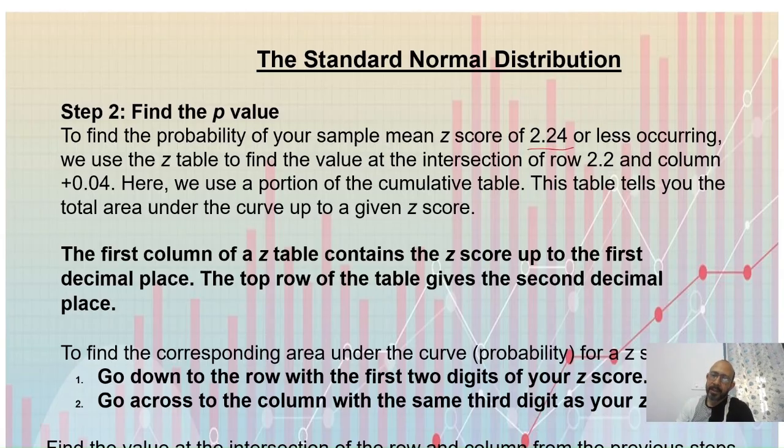Here z-score is 2.24, that is a positive value. The first column of the Z table contains the z-score up to the first decimal point, that is 2.2, and the top row of the table gives the second decimal point, that is 0.04.